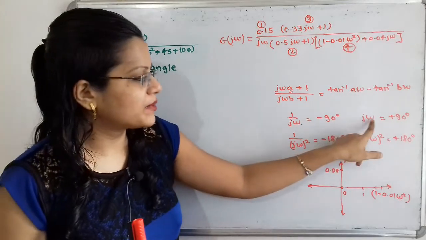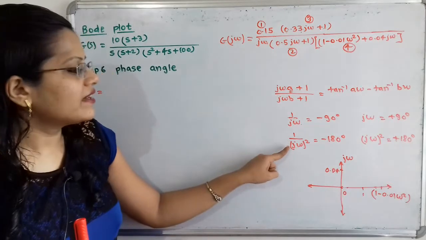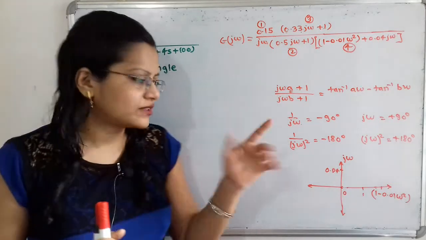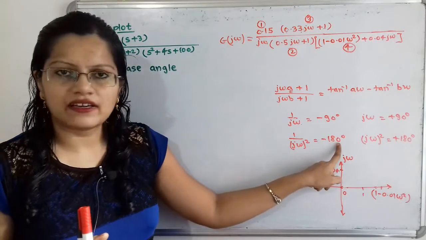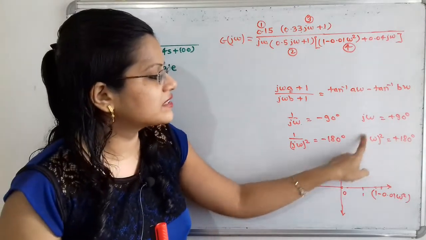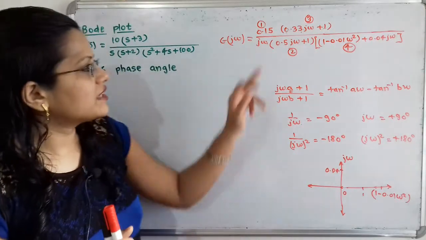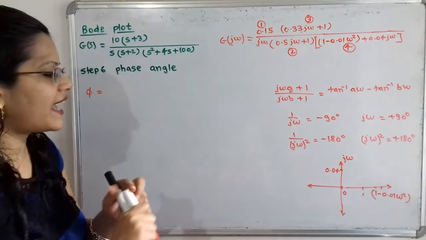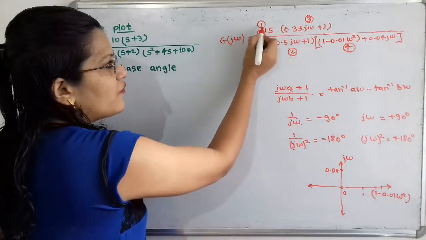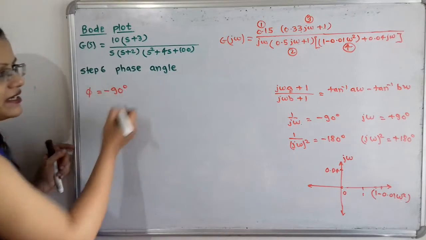When the j omega term is in the numerator, we take the angle plus 90 degrees. When a j omega square or j square omega square term is in the denominator, we consider the angle minus 180, and when it is in the numerator, we take the angle plus 180. So here the j omega term is in the denominator, so for the first term we take the angle minus 90 degrees.